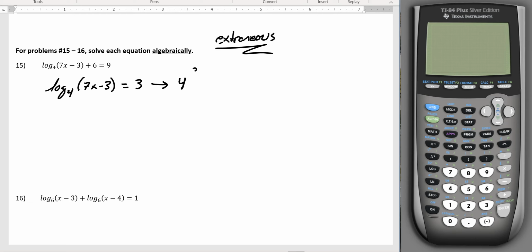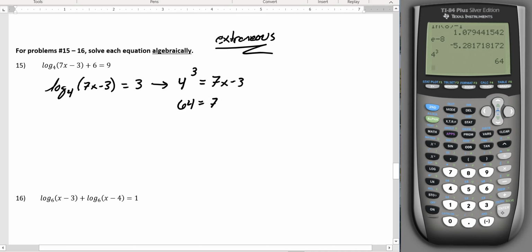So that would be 4 to the 3rd equals 7x minus 3. Now 4 to the 3rd, I know what it is, but I just realized I haven't shown you recently how to use an exponent here. So 4, up caret, 3, 64. Beautiful. So 64 equals 7x minus 3. And then I can add 3, so this will become 67 equals 7x.